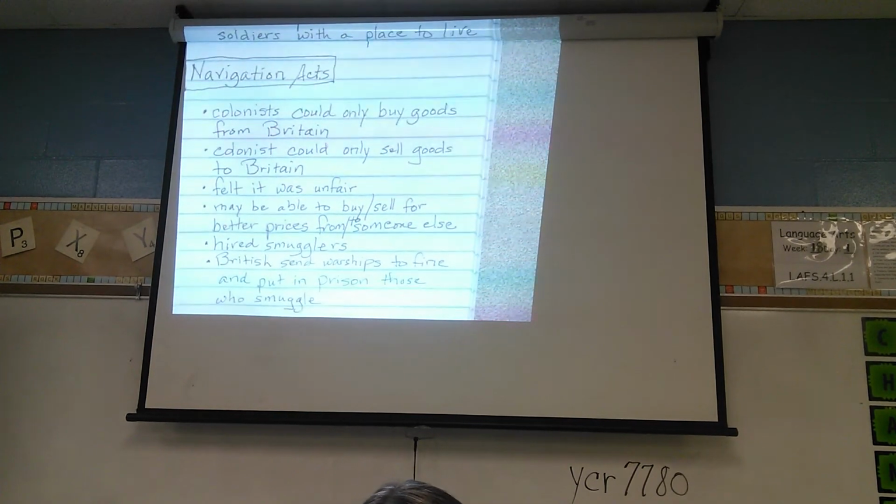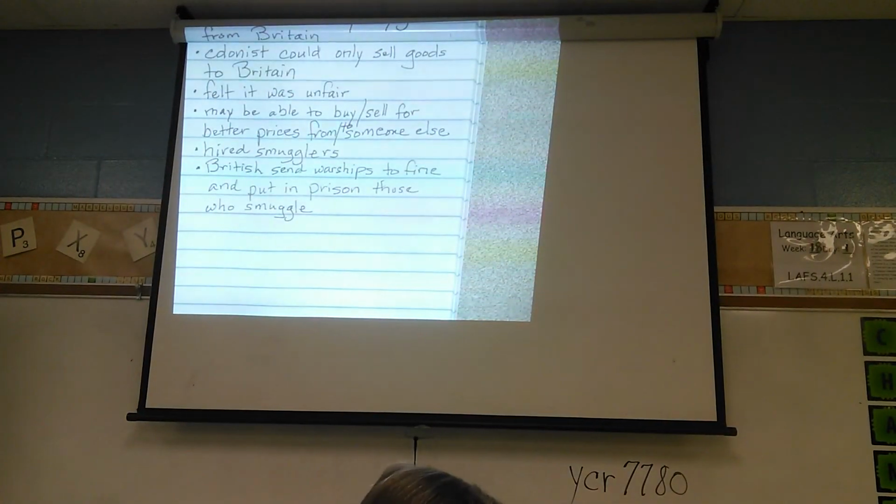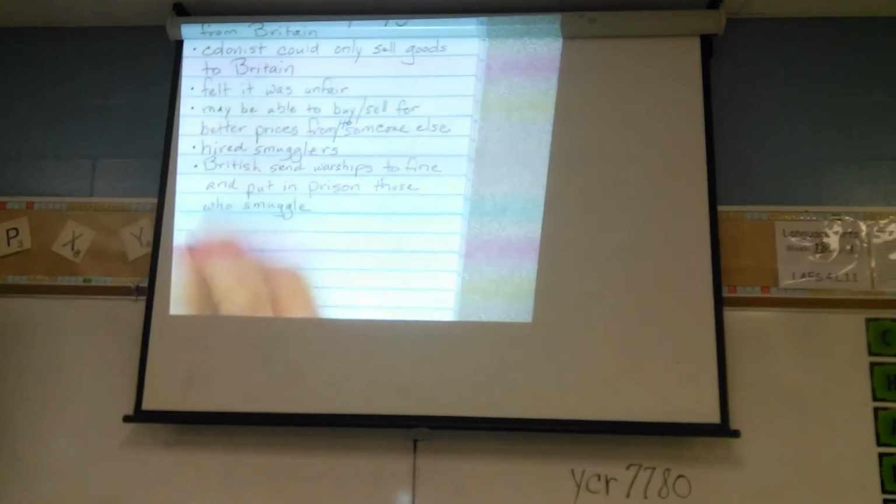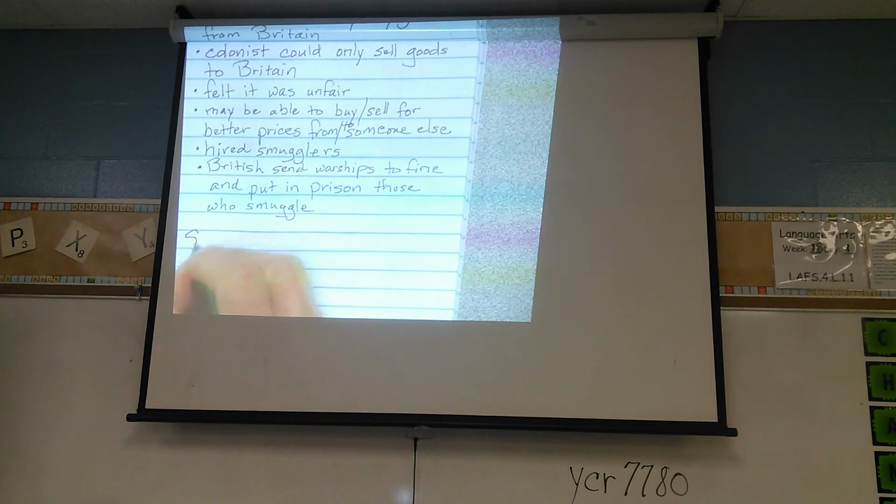So now we have the reaction of the British. This made the colonists angry. The Sugar Act made them even angrier. So we should see Sugar Act in a box.